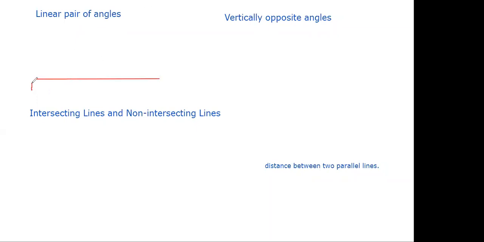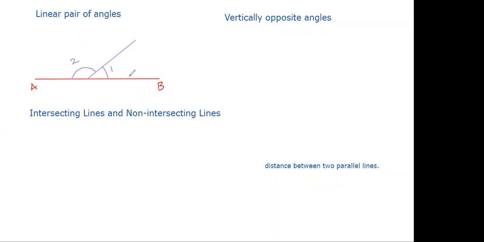Now on this line segment, I draw a ray, right? Let's say this is the ray I draw on this line segment. So the angles hence formed, this is the first angle formed and this is the second angle formed.